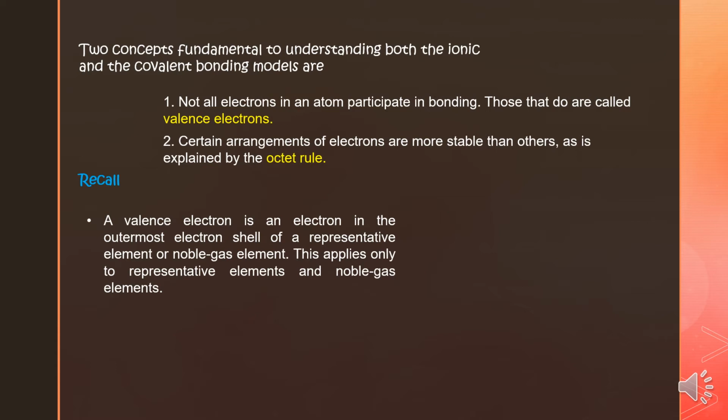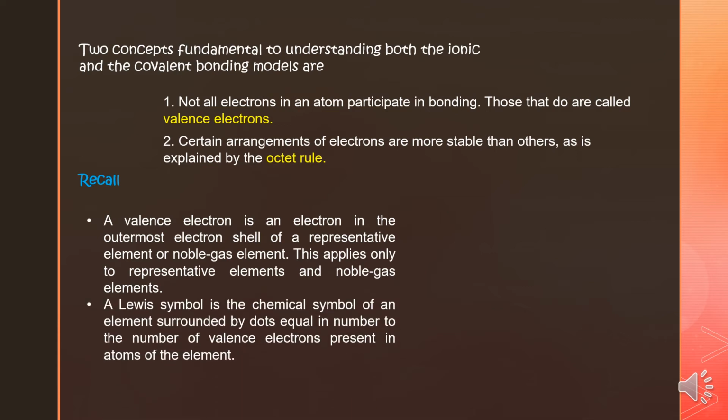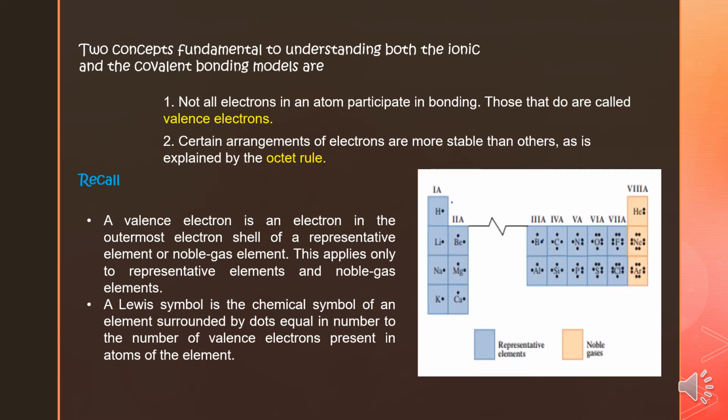So this applies only to representative elements and noble gas elements, okay? And a Lewis symbol is the chemical symbol of an element surrounded by dots equal in number to the number of valence electrons present in atoms of the element, like this one.